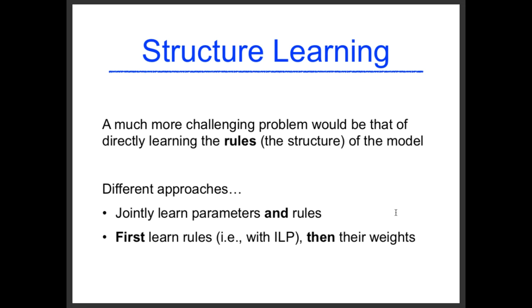Maybe they are not that accurate rules, of course, because we are not in a pure logic world, we are in a probabilistic world. So you first learn a bunch of rules, and then you learn the parameters. But these three problems are clearly, strictly interrelated.